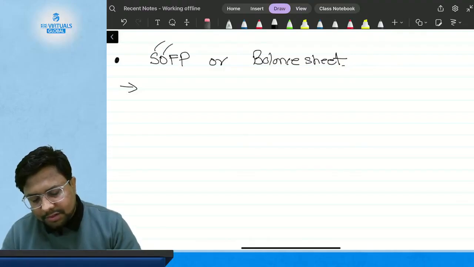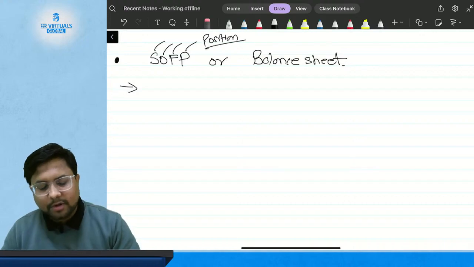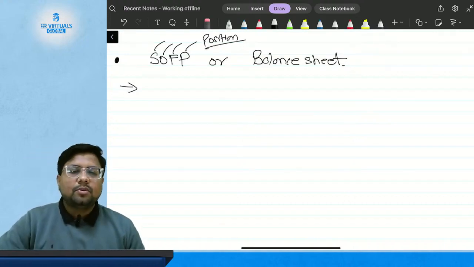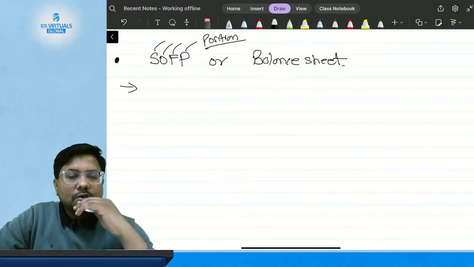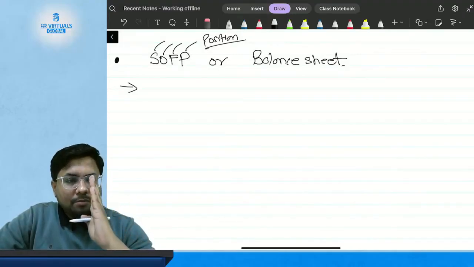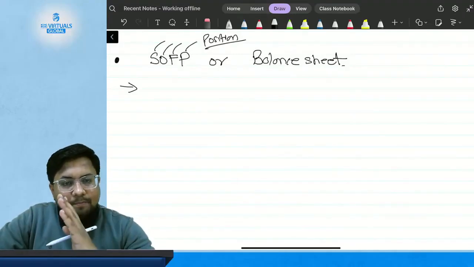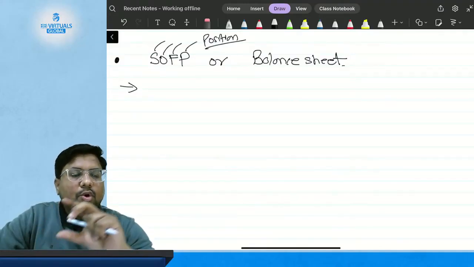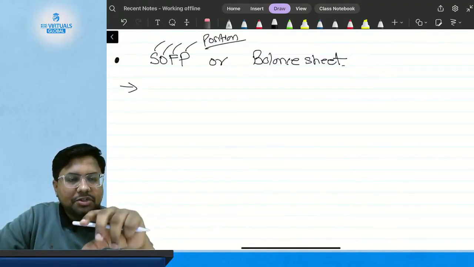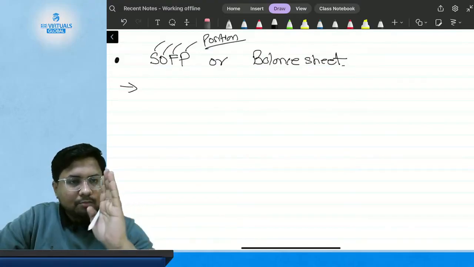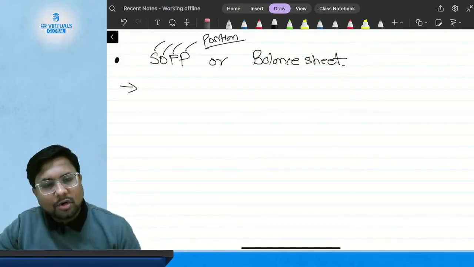The full form of statement of financial position has the word position. You can call it a position when the object is not in a moving state, when it is stationary or in a state, that is called a position.